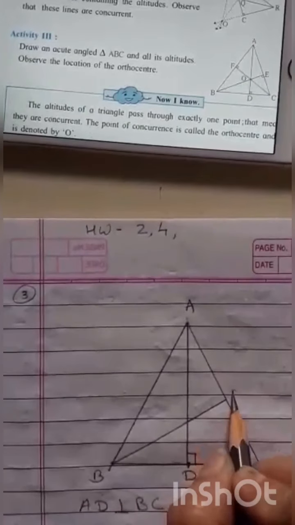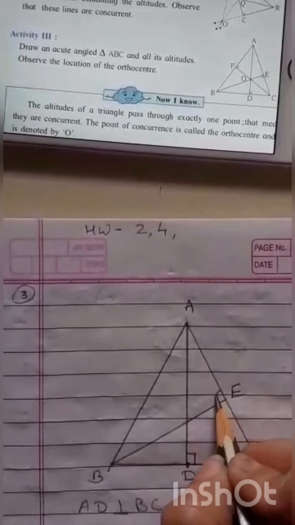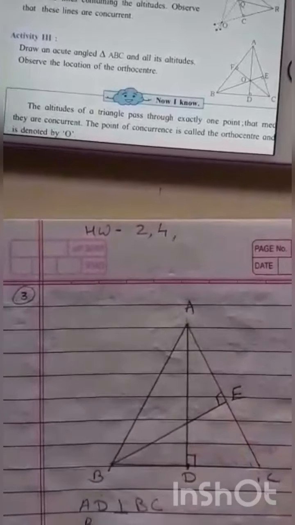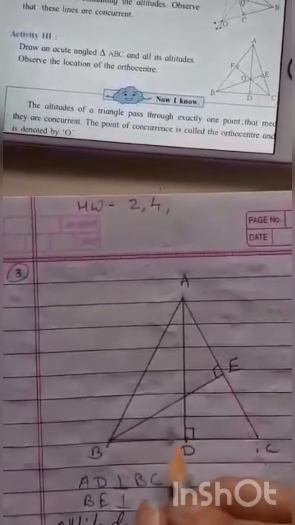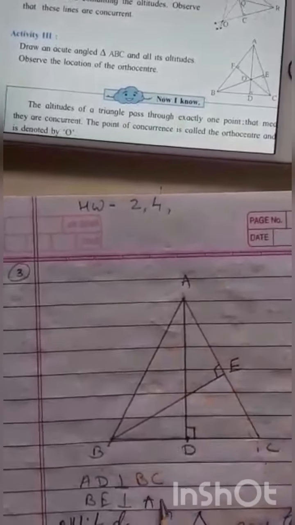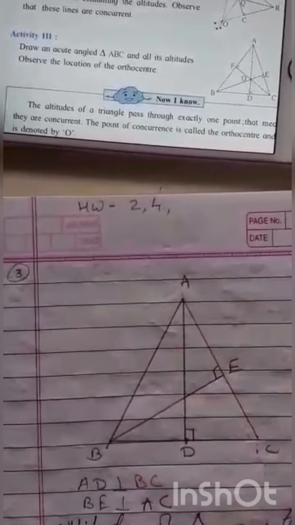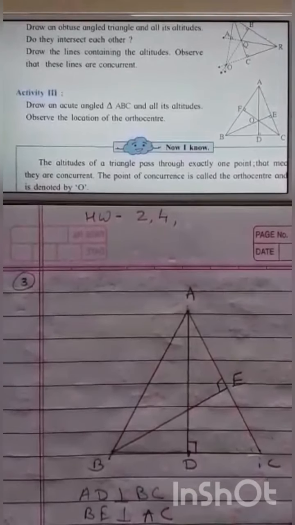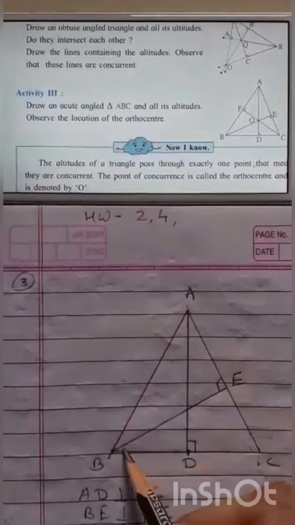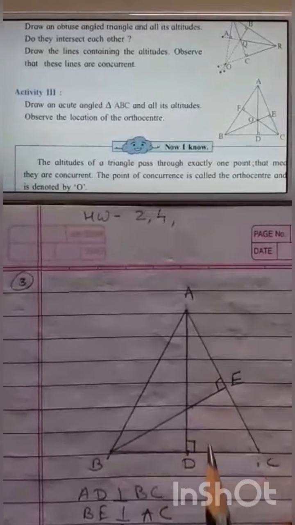So I'm marking this as E. So my BE is perpendicular to AC. So this is one more altitude.